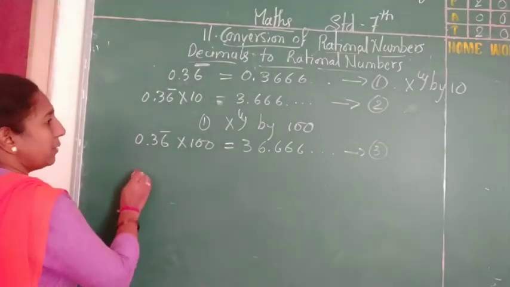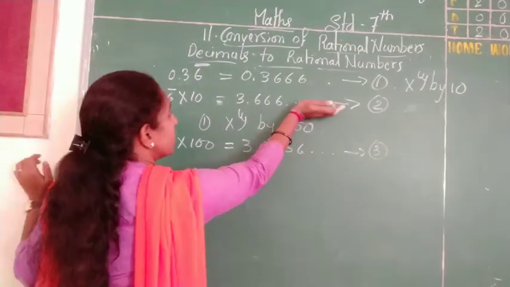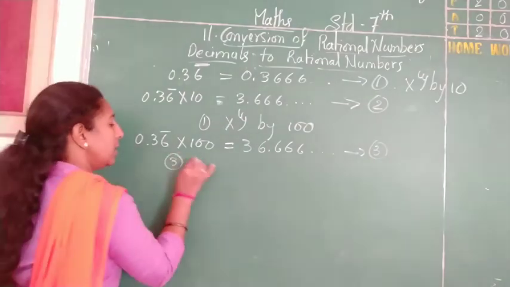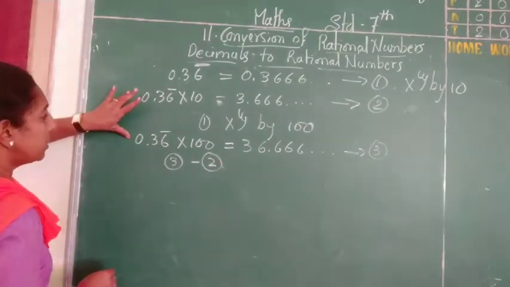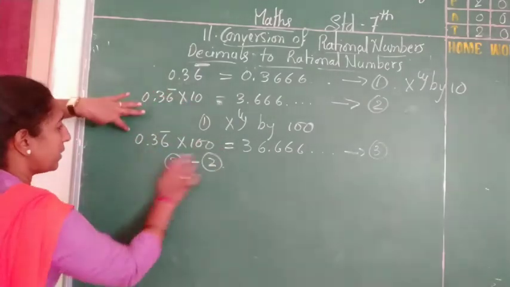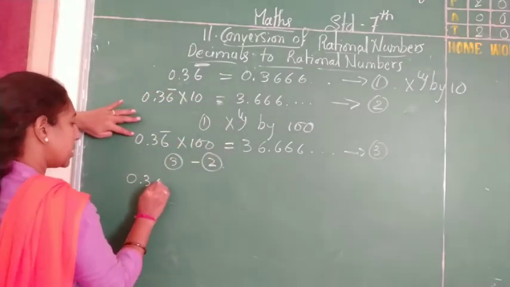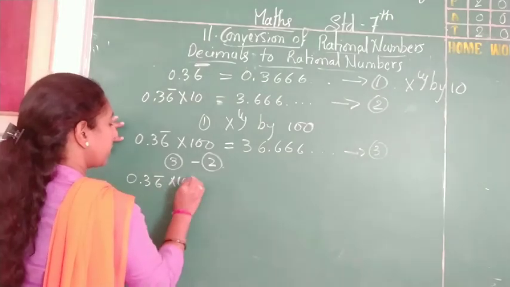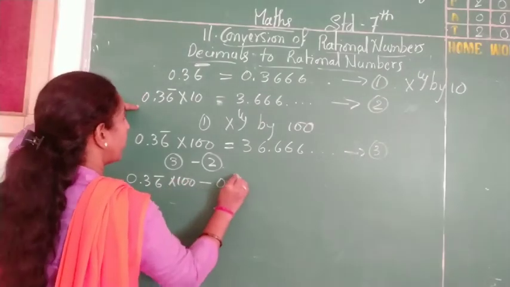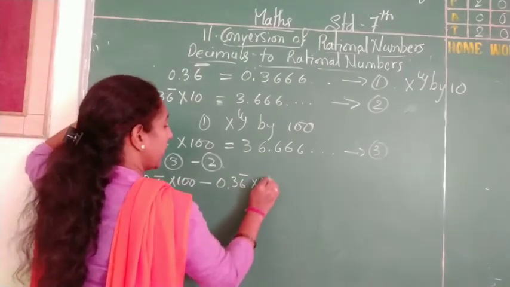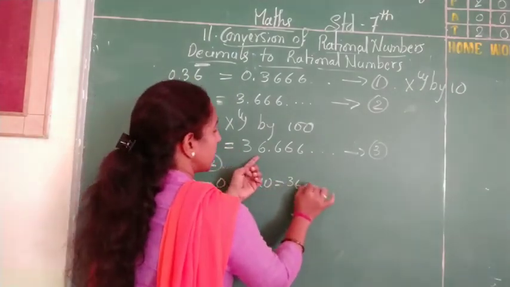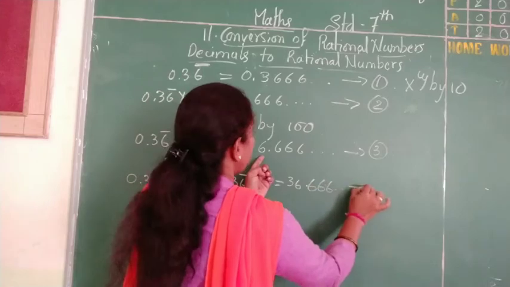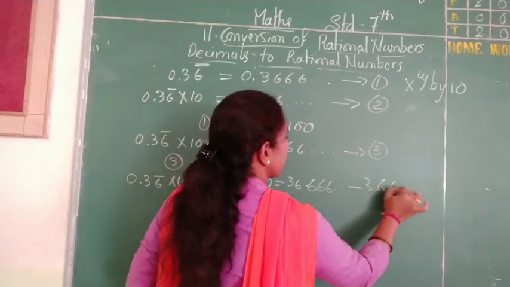Okay, now what I will do is 3 minus 2. So what is the answer here? Let me see. First I will write 0.36 bar into 100 minus 0.36 bar into 10 is equal to, now the RHS part, 36.666 minus 3.666.